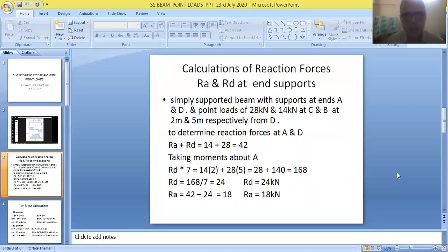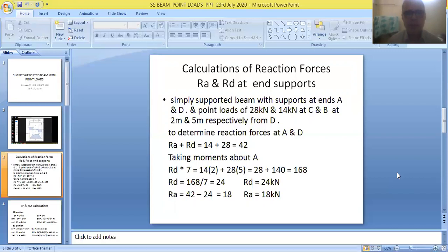Now, friends, this is a simply supported beam provided with supports at ends A and D. Point loads of 28 and 14 kilonewtons are acting at point C and point B respectively.